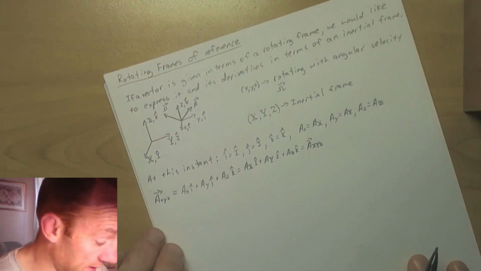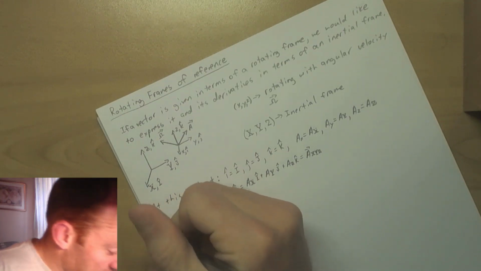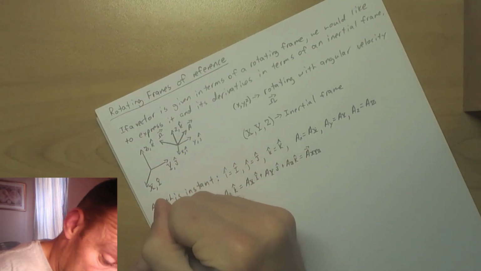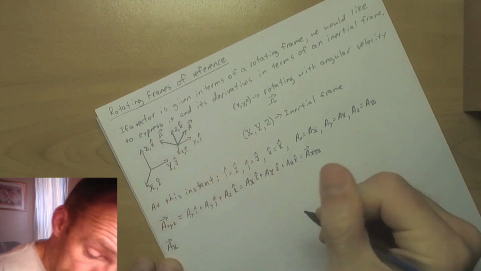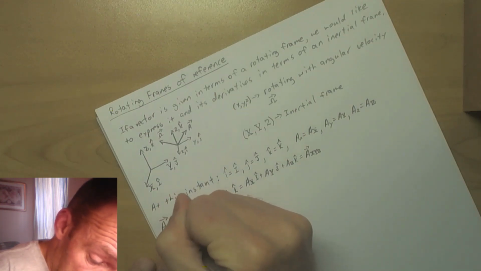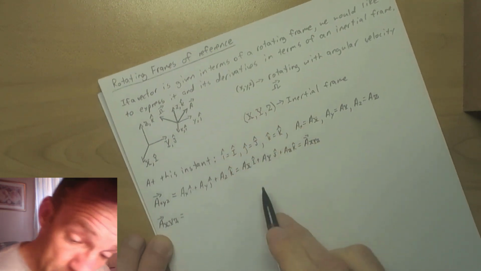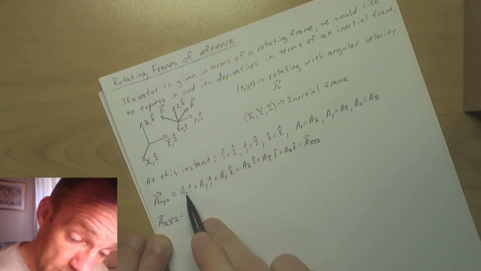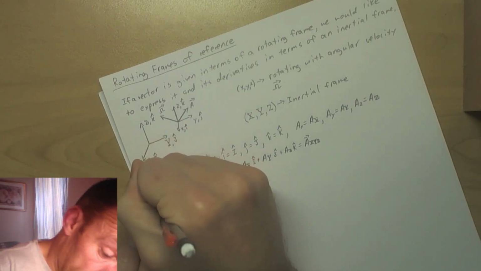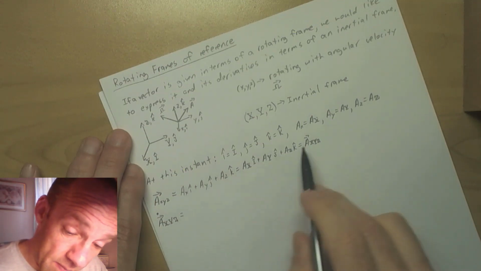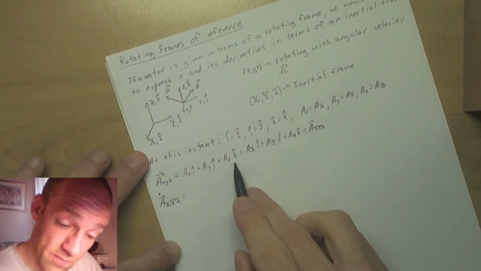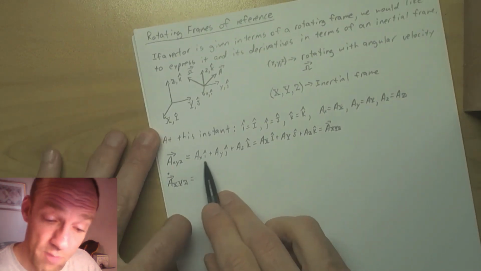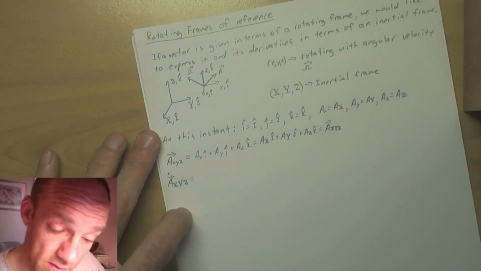Okay. Now, I can take the time derivative in the inertial frame, but I'm going to use these components as explained, from the rotating frame.